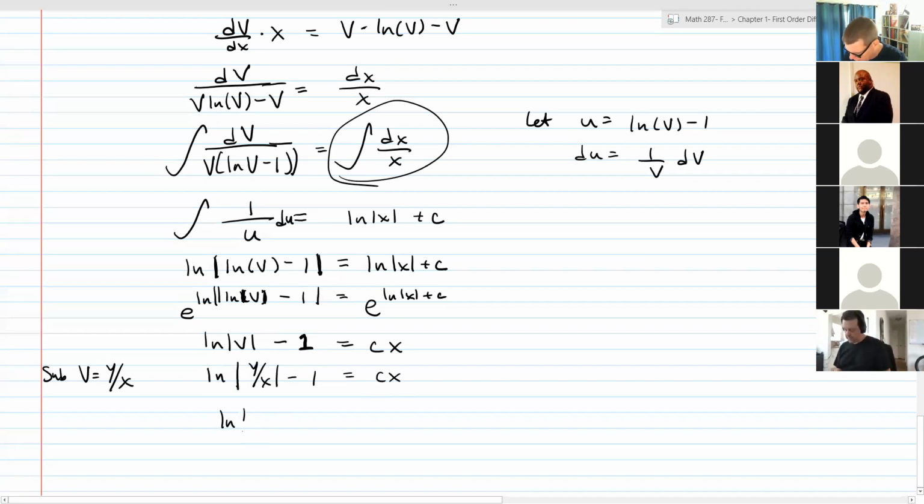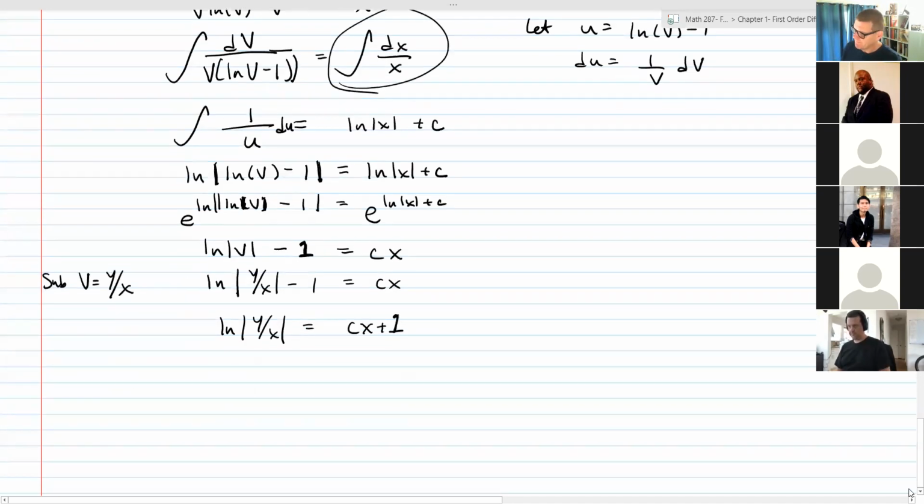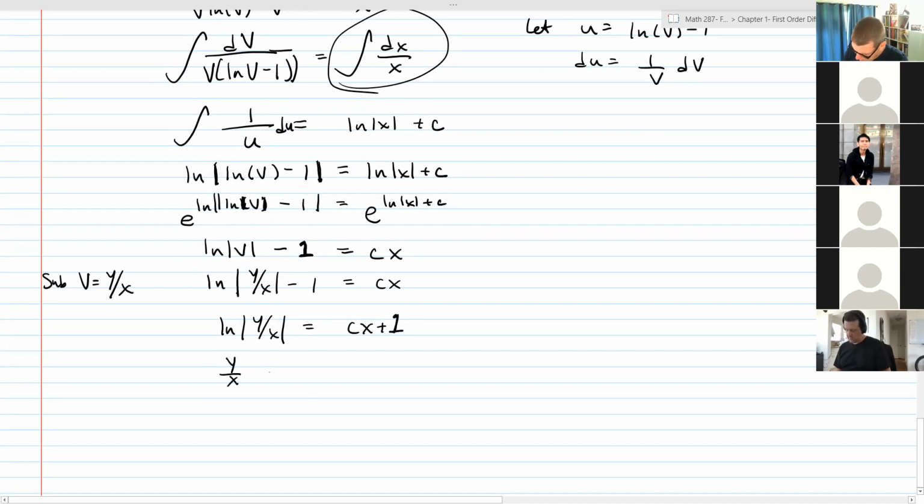So y over x equals cx plus 1. Take the exponential, and this is going to give me y over x equals e to the cx plus 1. And then we'll just multiply by x, and that gives me y equals x e to the cx plus 1. And that's your general solution.